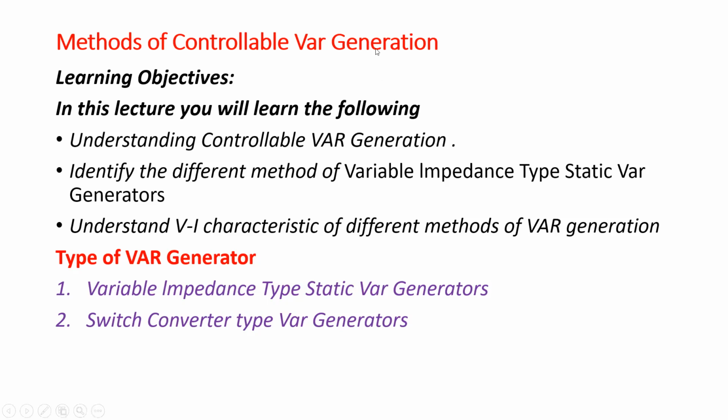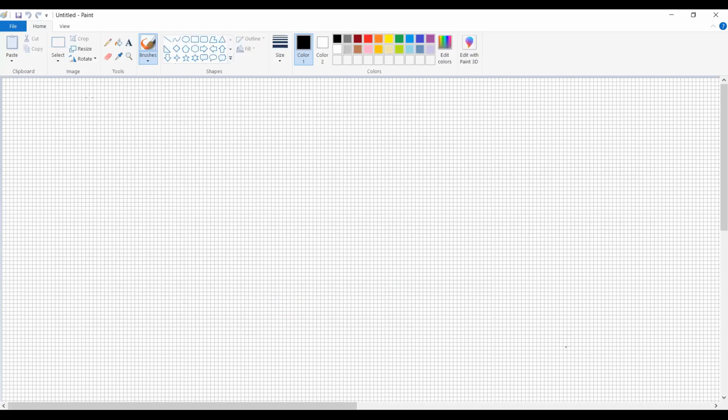Just a minute so that we can draw a figure, so it becomes simple again. This is our lecture number 30, the controllable VAR generator.